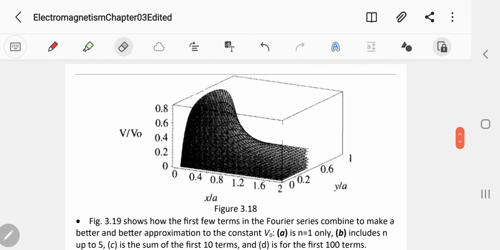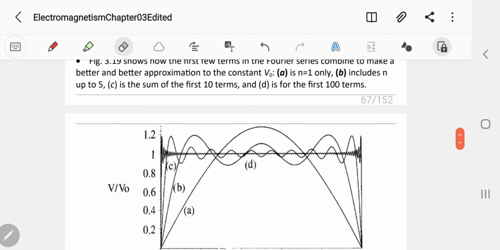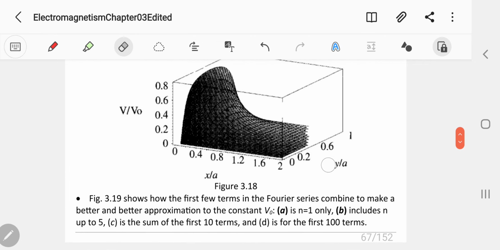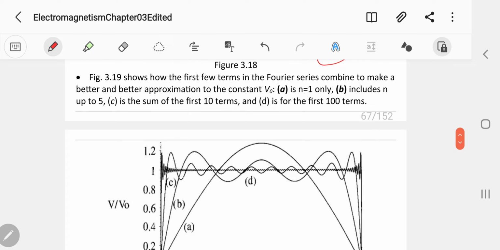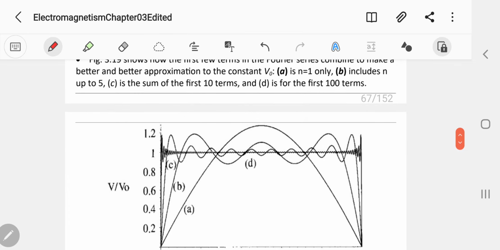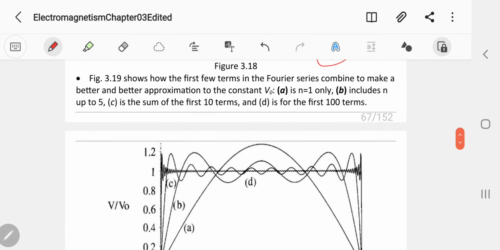So you can plot that, and if you plot only this and this one, you can have a two-dimensional plot between this and this one. It will look like this. So you have just the first 100 terms of the series.